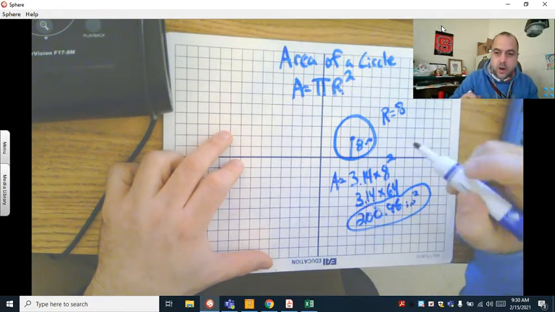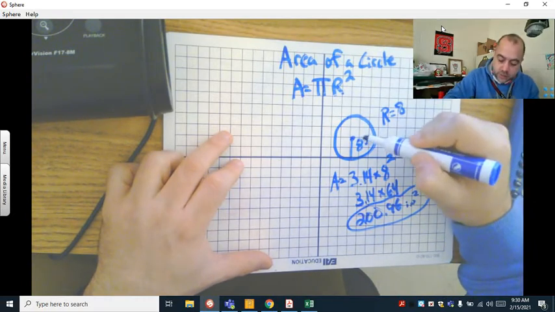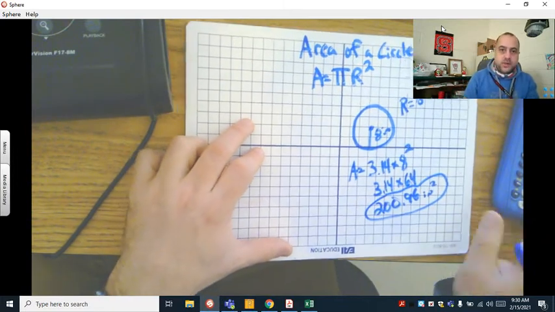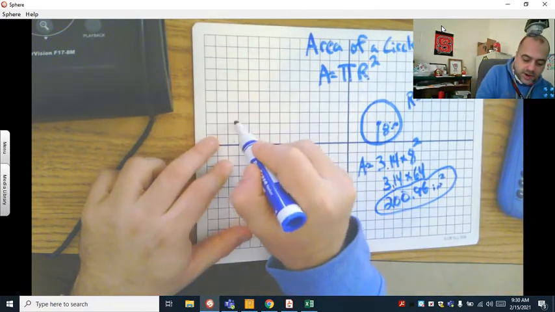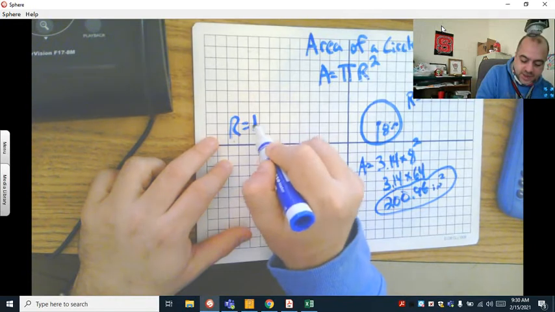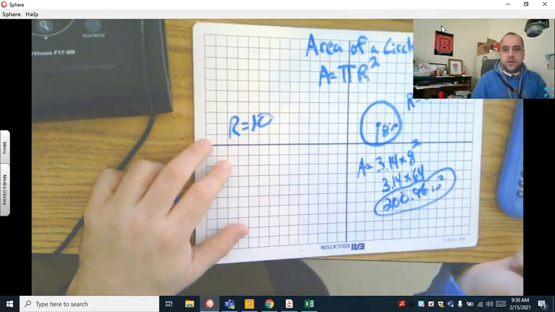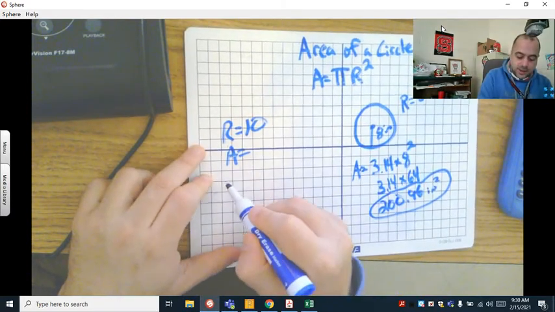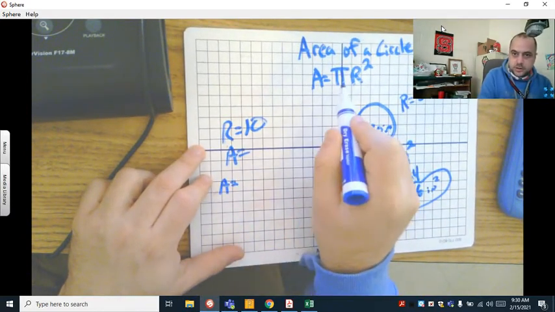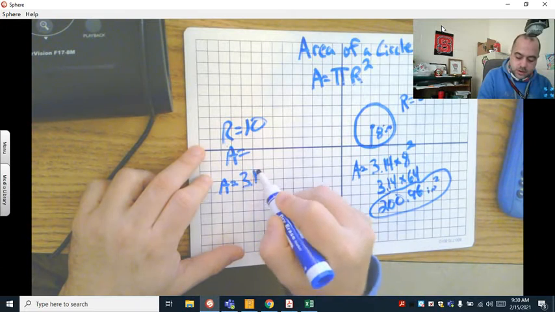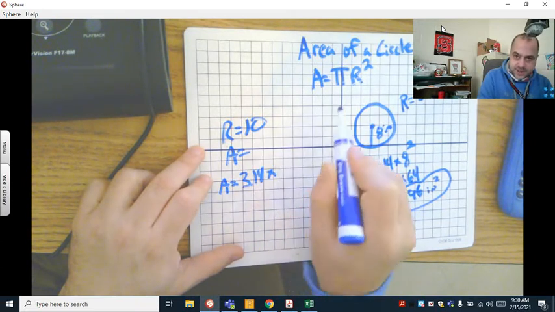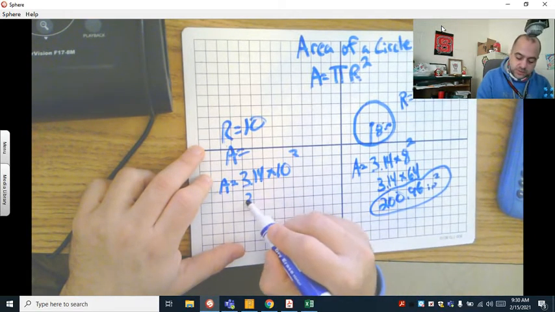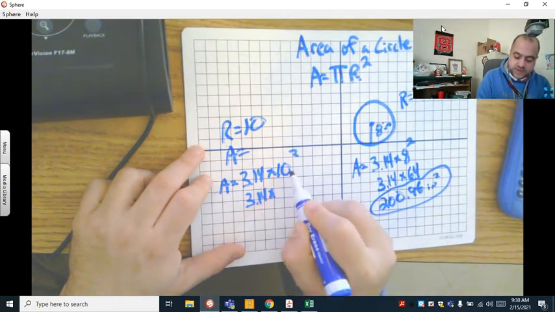So it's simple. If you know what the radius is, you just say pi times radius to the second power. Let's do another one. Let's say we know that the radius is 10, and we want to know the area. Okay, so we're just going to say area equals pi times 10 to the second power, which means 3.14 times, what's 10 to the second power?